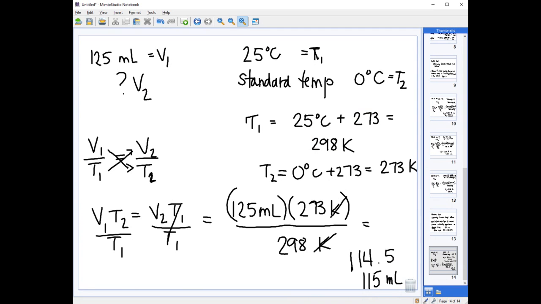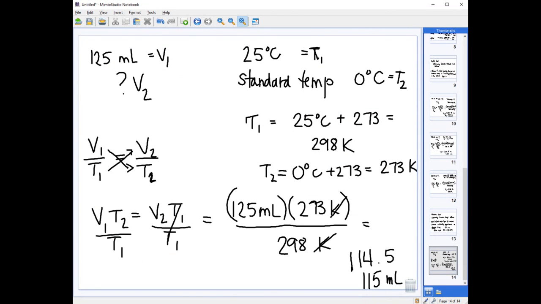Just keep in mind that 1 cubic centimeter is equal to 1 milliliter. So if I was converting this answer into cubic centimeters, I would say 115 milliliters is equal to 115 cubic centimeters or cc's. And if I was taking that into liters, I would just divide 115 by 1,000 to get 0.115 liters. So pay attention to your units.